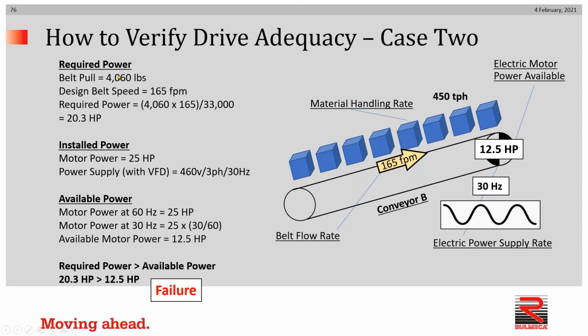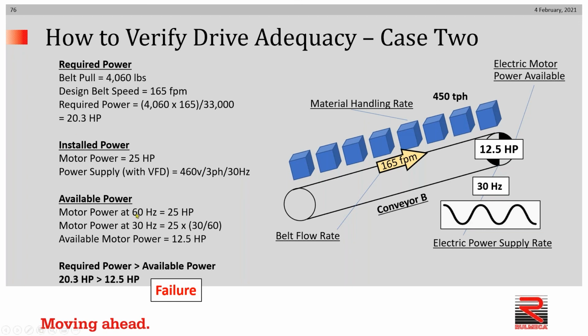We know that the product of belt pull and belt speed divided by 33,000 yields a power requirement of 20.3 horsepower. We have installed a 25 horsepower motor, which was designed to run at 460 volt, 3-phase, 60 hertz. However, we have attempted to use a VFD to slow down the supply frequency to 30 hertz to slow down the conveyor belt.